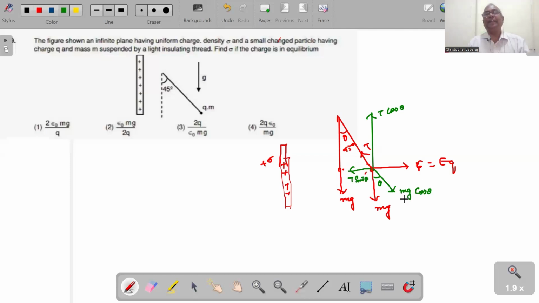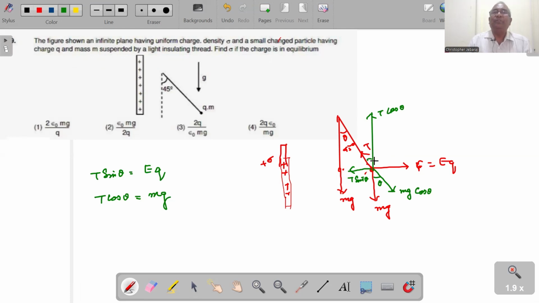It is clear from the diagram, T sin theta should be equal to the force due to the electric field, which brings equilibrium. Similarly, T cos theta should be equal to the weight of the bob, mg. That's all. It is clear theta is 45 degrees.